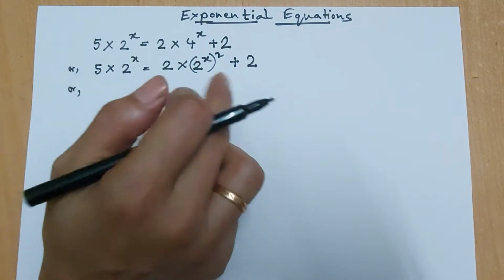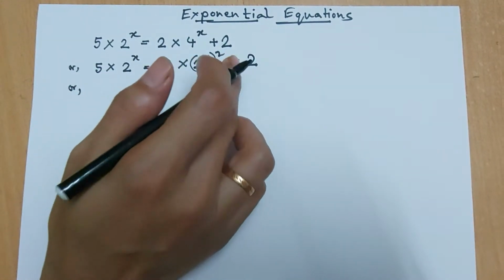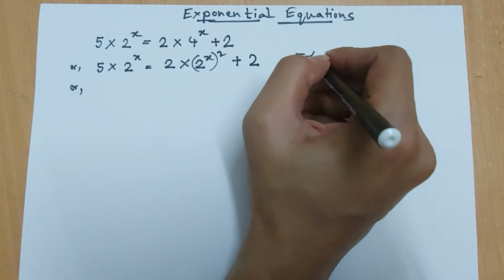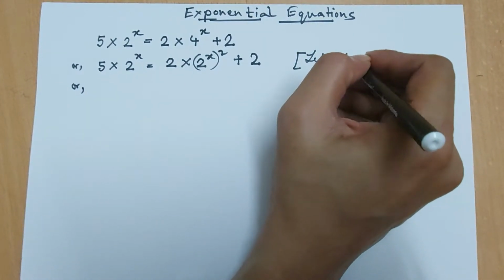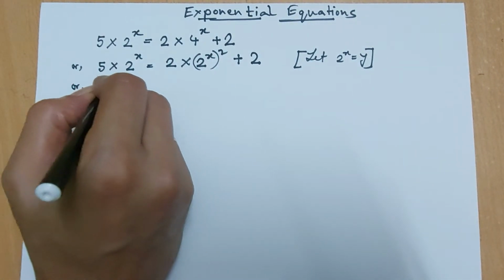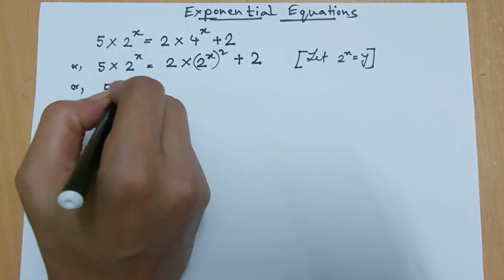In this step I will take 2 power x as y. I am writing 2 power x equal to y to make the line simple and to solve easily.